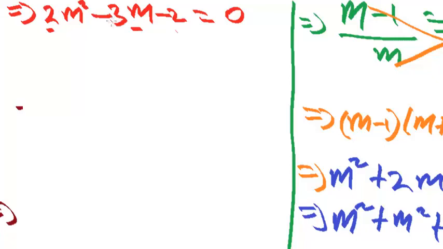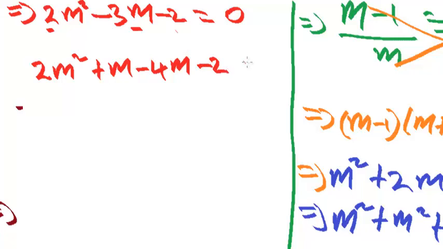That will be negative 4 and that of 1. Negative 4 and 1. And if you multiply negative 4 and 1, we get negative 4 as the product that we have obtained. So we are getting 2m squared, then plus m, then minus 4m, then minus 2 equal to 0.